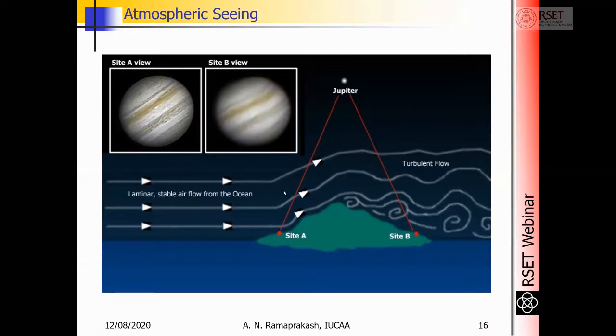Now what this does is, at site A, Jupiter will appear like this. You can see extremely fine details. On the other hand, at site B, because the atmosphere is so disturbed, the wavefronts become distorted, and the net effect is that the fine details of the structure of Jupiter are lost.